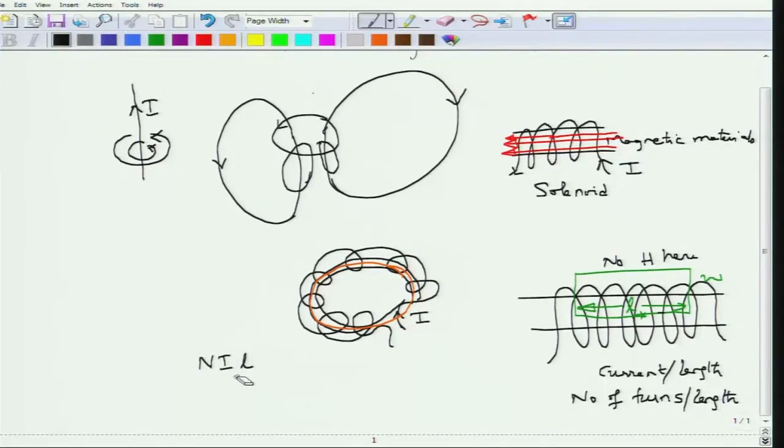Or if you were to consider N as the total number of turns inside this length, then it would be N into I. So there are different ways of writing the same expression. What you have to understand is that each turn is contributing a current of I amperes, and therefore if there are a total of N turns inside the Amperian loop that you have considered, the total current will be N total into I.